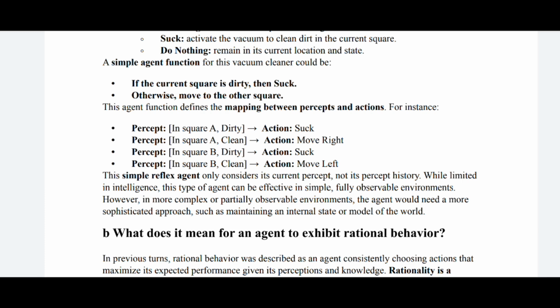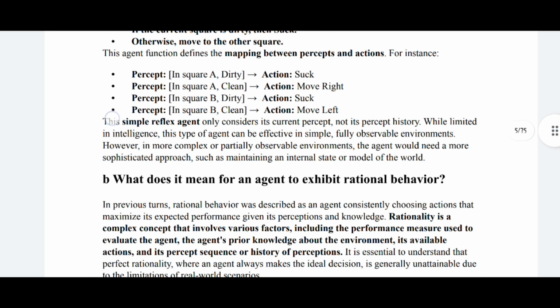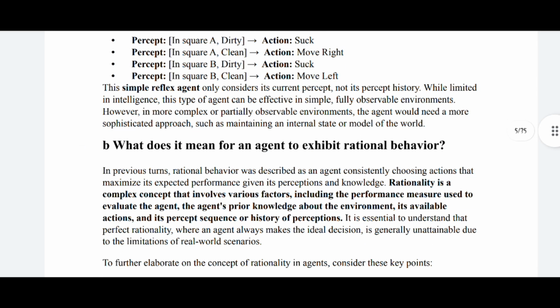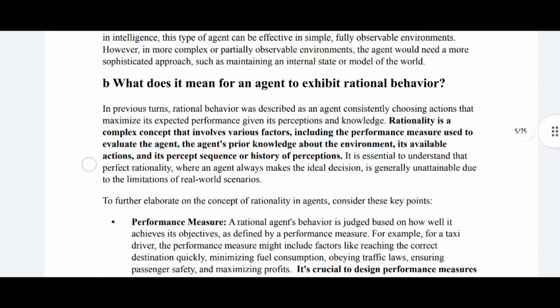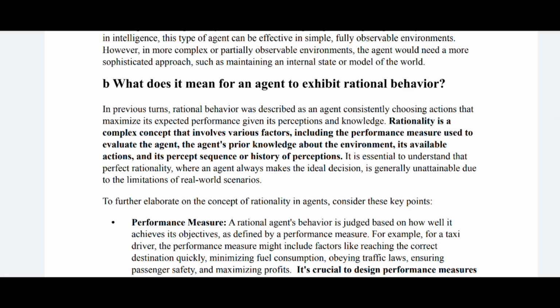While limited in intelligence, this type of agent can be effective in a simple, fully observable environment. Sophisticated approaches include maintaining an internal state or a model of the world. What does it mean for an agent to exhibit rational behavior?